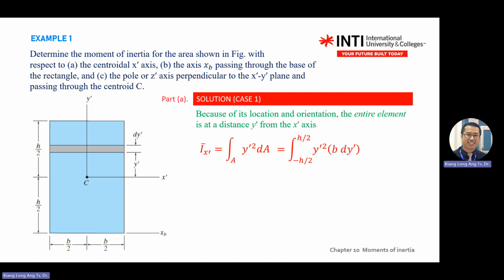Then you add in the limit. You change the area limit to become the height limit. Because this one is at the center, the one to the left is positive, the one to the left is negative.